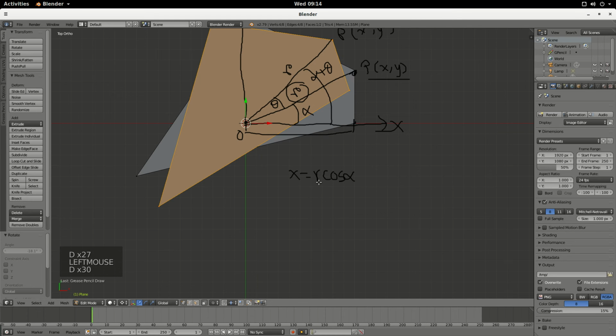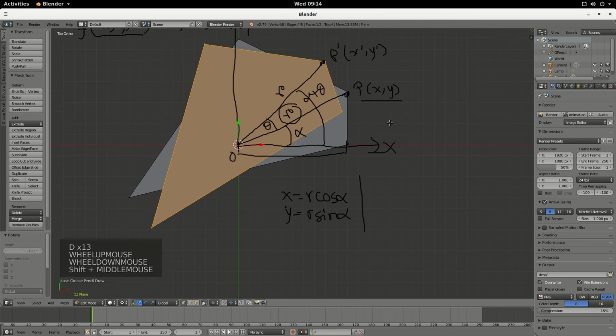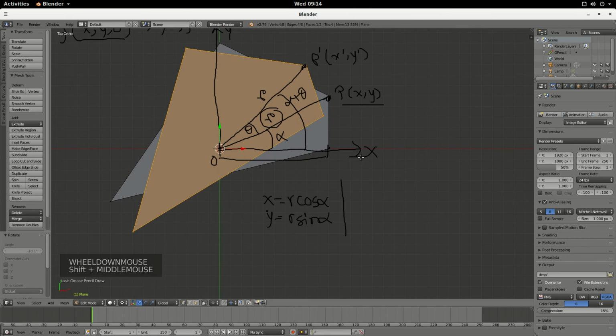So if you just use basic trigonometry, x is equal to r cos alpha. We have actually done this quite a bit, right? I think you should be able to recap that. And for y, we could write y is equal to r sine alpha.